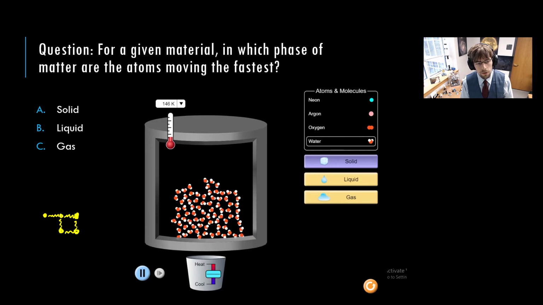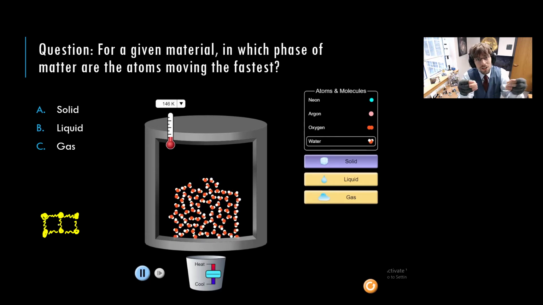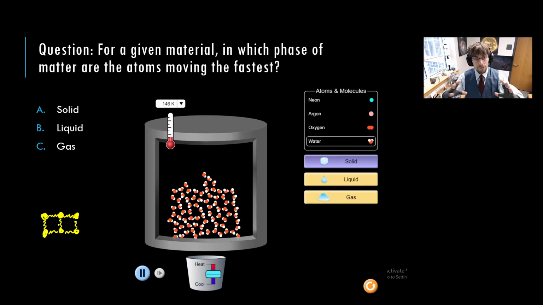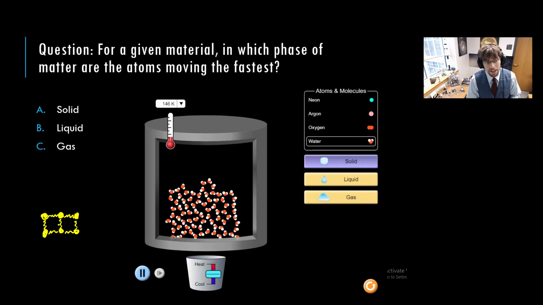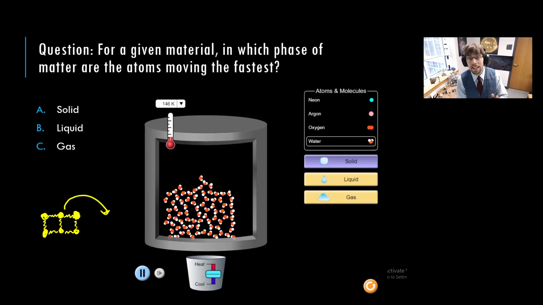Sorry, let me draw those a little bit bigger. Those atoms are locked into position. In other words, they can jostle back and forth a little bit, okay? But they have to maintain their relative position. It's not like this atom can all of a sudden be on the other side, right? It is tied into place by those connecting springs.